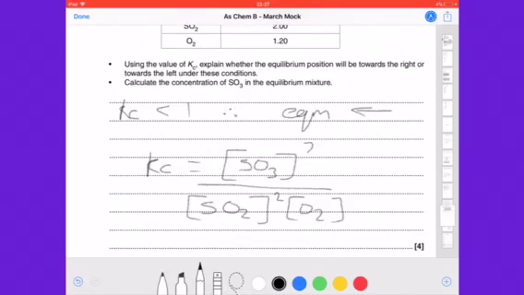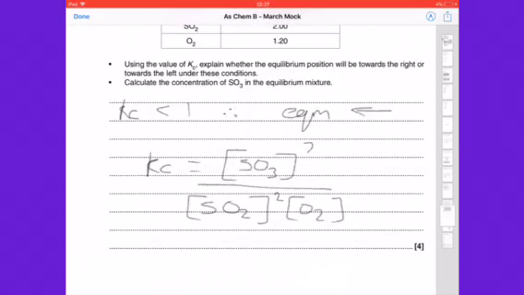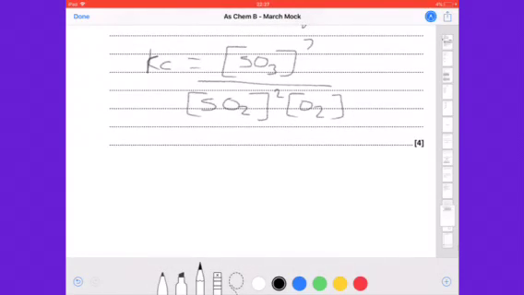What we need to do is then substitute the values in for SO2, O2 and Kc, and the rearranged equation leads you to find that SO3 squared equals Kc times SO2 squared times O2.